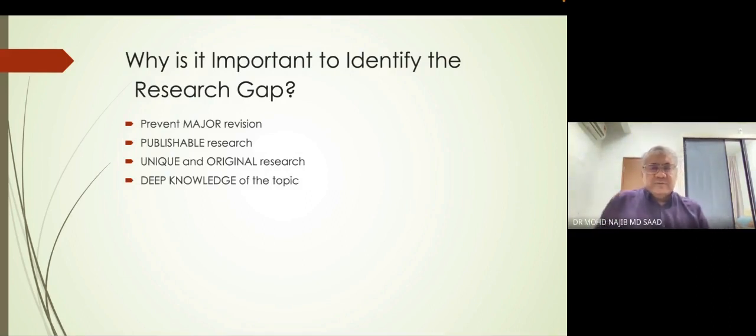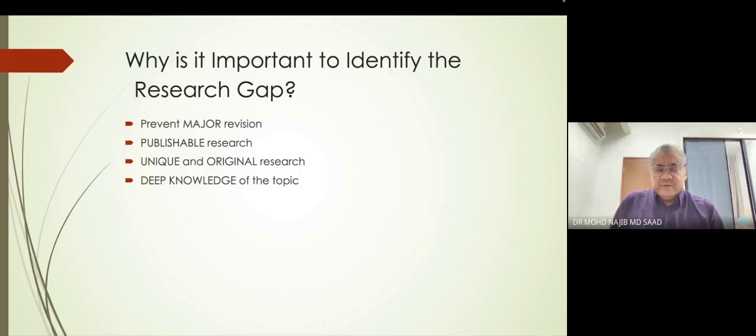Why is it important for us to identify a research gap? Number one, for PhD students and master students, a research gap is very important because it will create the novelty of the study, create new things, and discover new areas of study. And if we fail to identify the research gap, we need to undergo a major revision. We need to redo or reconstruct the thesis again.